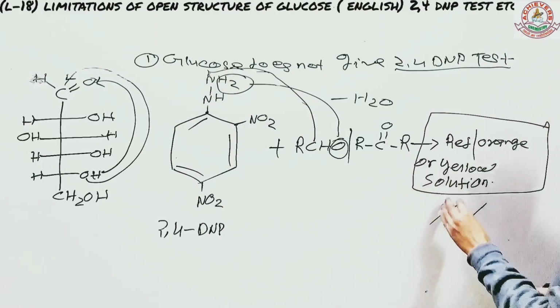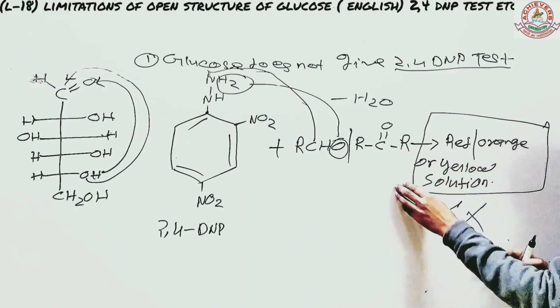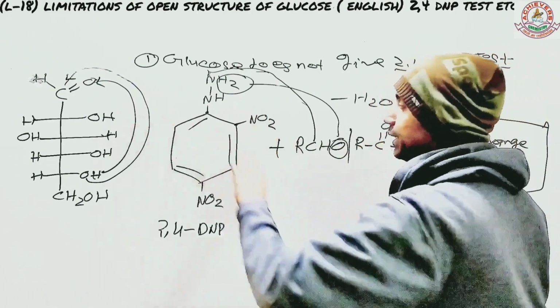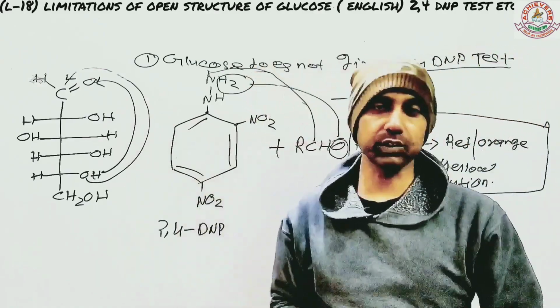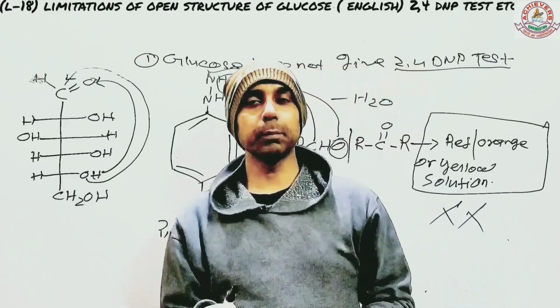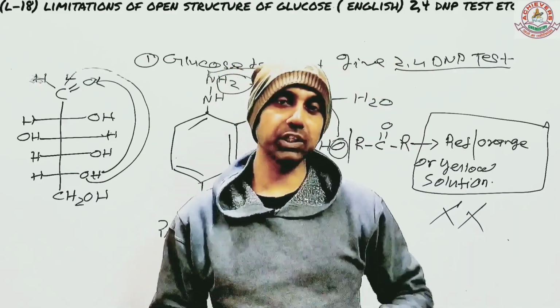But there is no orange, red or yellow solution coming up because there is no aldehyde in the cyclic structure of the glucose, right? So the open structure is not able to give this 2,4-DNP test. That is the first limitation.